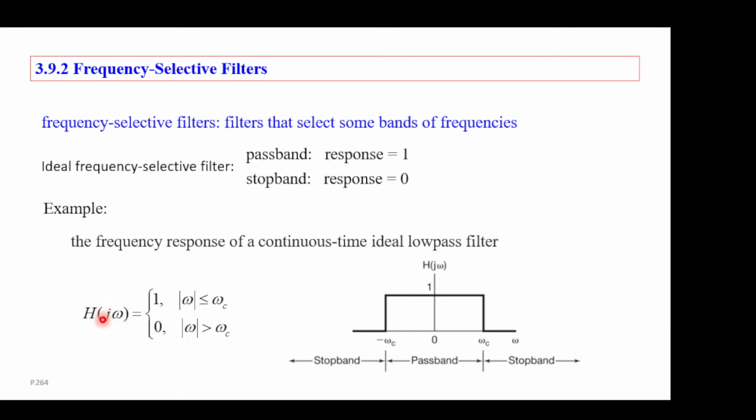For the range where H is equal to 1, it's called the passband, because all those frequencies will pass through your filter and be left over. All other parts are called the stop band, because if you feed your system a frequency in the stop band, you multiply by 0 and get nothing out.